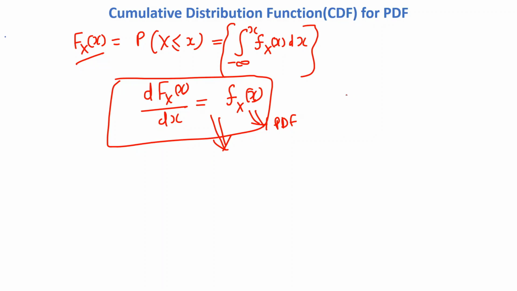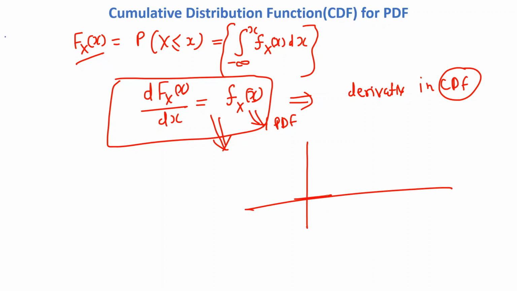One more point you should consider: it only works when we are able to get the derivative of the CDF. In this example, up to here we have this particular graph. Are you able to get the slope, derivative, or gradient at this particular location?